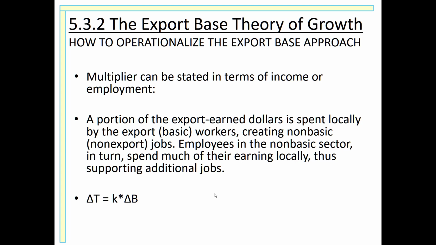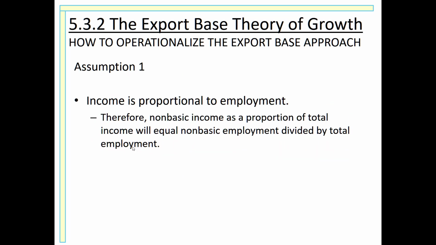Now, once you recognize this correspondence between income and employment, between export jobs and exports, we're going to make two extra assumptions to make this link between employment and income stronger. Our first assumption is that income is proportional to employment. Therefore, non-basic income as a proportion of total income will equal non-basic employment divided by total employment. What are we talking about here? Non-basic income was the local income.